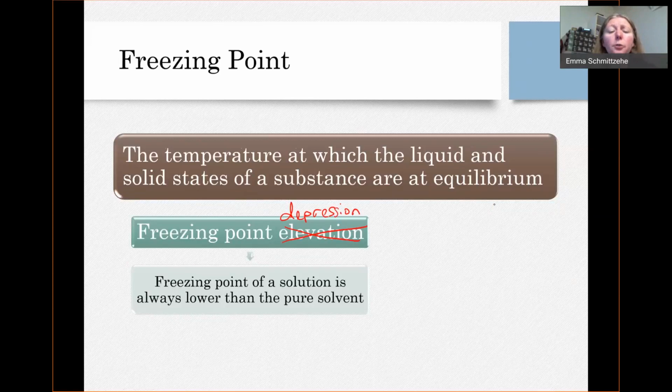And so the freezing point decreases. It's always lower than the pure solvent. So for instance, if we have water and we dissolve something in it, well, water has a freezing point of 0. So if we dissolve something in water, the freezing point is going to be something below 0. Okay, that's why in the winter they put salt on the roads, or even a salt solution sometimes, some places.